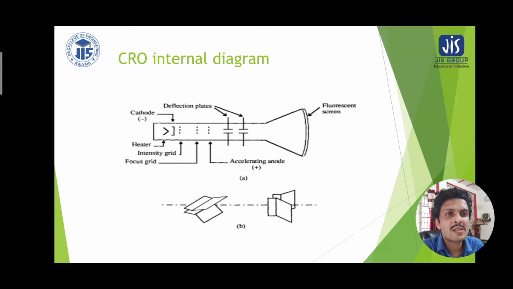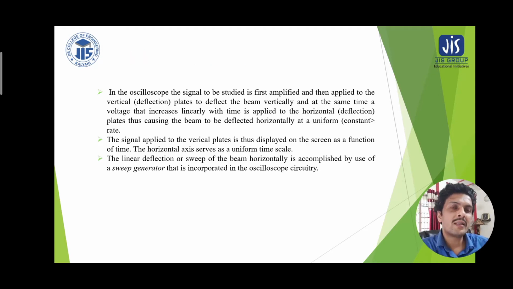And so this is the overall mechanism, the internal diagram of the CRO, cathode ray oscilloscope. In the oscilloscope, the signal to be studied is first amplified and then applied to the vertical deflection plates to deflect the beam vertically, and at the same time a voltage that increases linearly with time is applied to the horizontal plates, thus causing the beam to be deflected horizontally at a uniform rate.